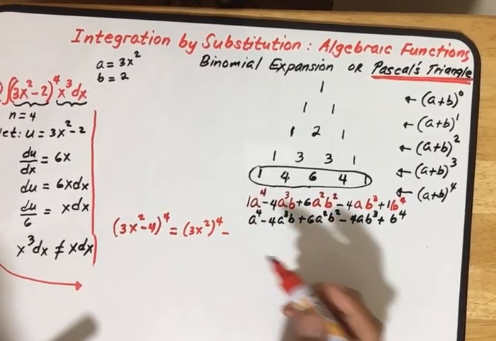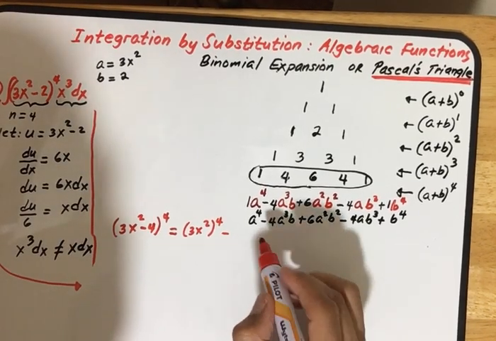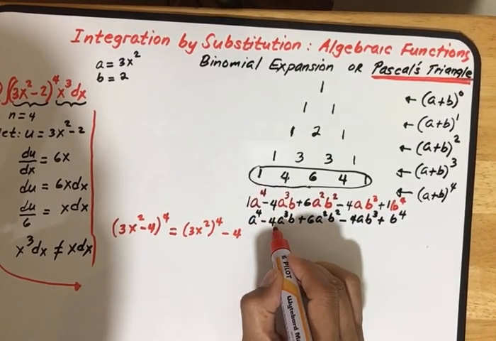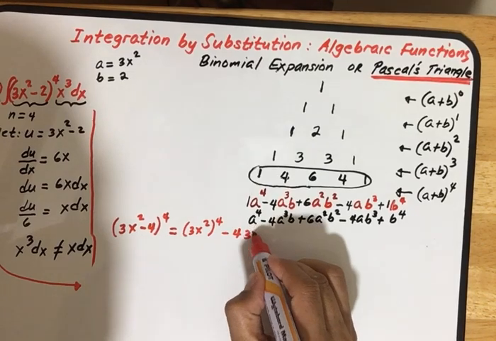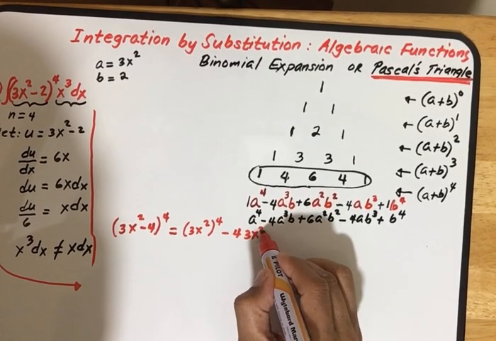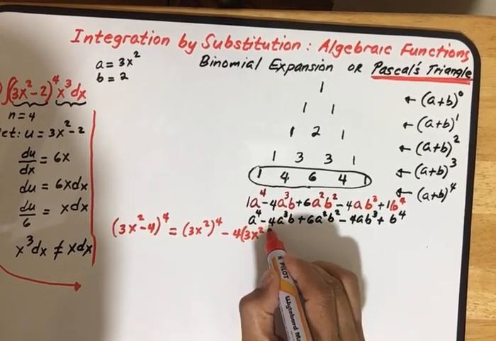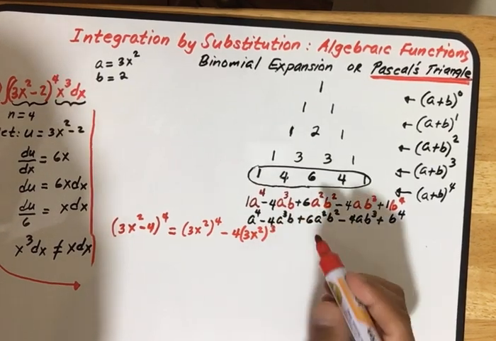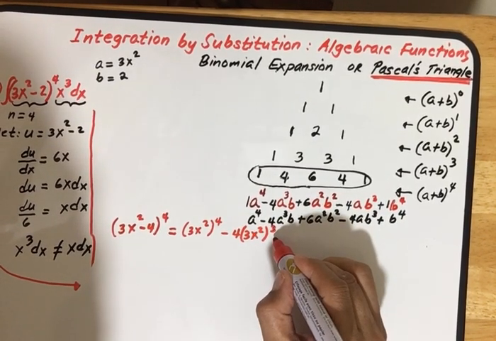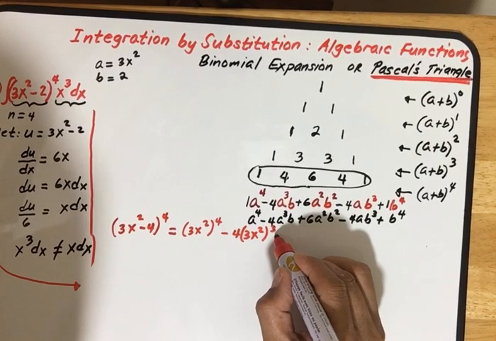Then minus, you have 4A, our A is 3x squared, then raised to a power 3, then times B, where B is equal to 2.